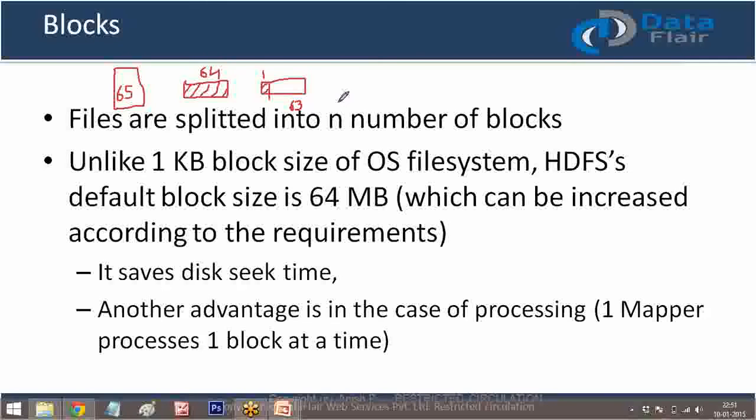So the answer is, please note down, if the data size is less than the block size, then the block size will be equal to the data size. What do I mean by that? This case will not arise. Rather, one block of 64 MB has already been created, and the second block will be created of merely 1 MB.